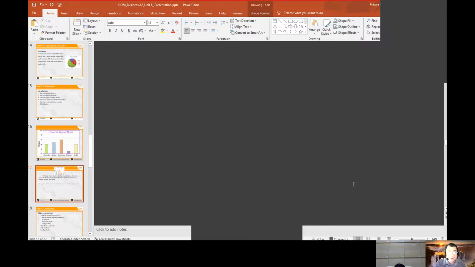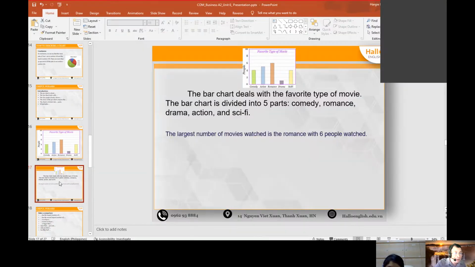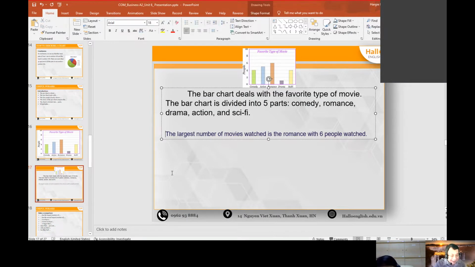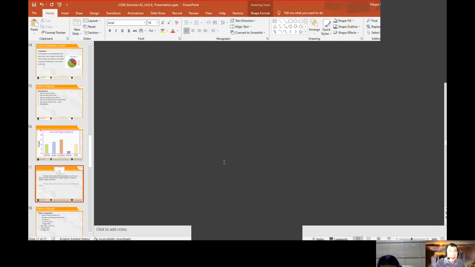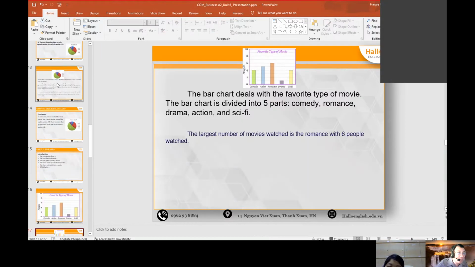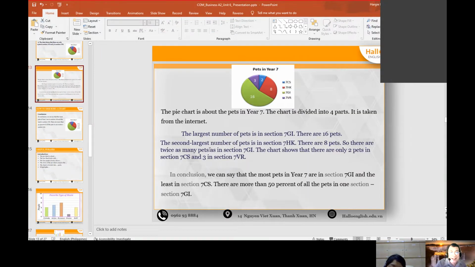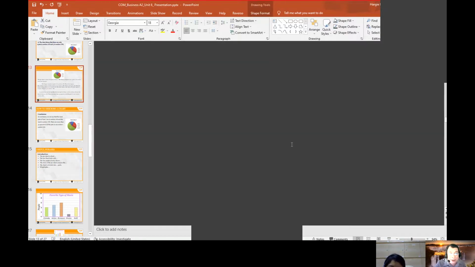Okay. Now look at this one now, Toy. So this one is now our body, right? The first body, we discussed only romance. Then after that, what are we going to do? We're going to say the second largest number. So we have to copy this one.